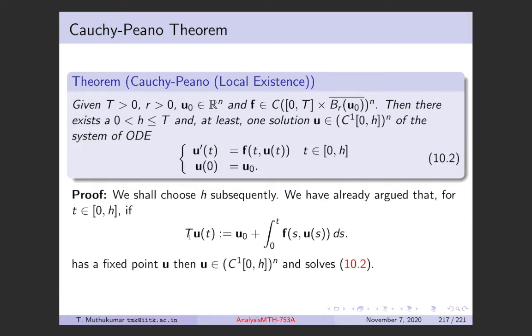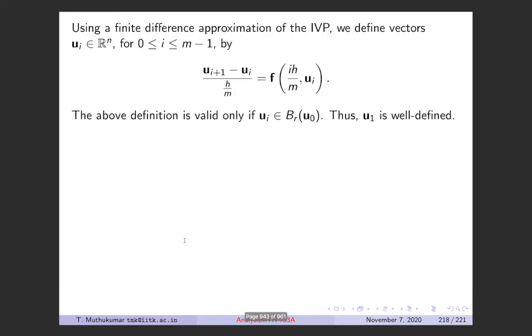Whereas the T that I defined here is an operator from the space of continuous functions C[0,h] to C[0,h]. Okay, so don't confuse them. This T is different from this T. Just a clarification. This is an operator, and the situation will very clearly tell you what it is, but I should have avoided it anyway.